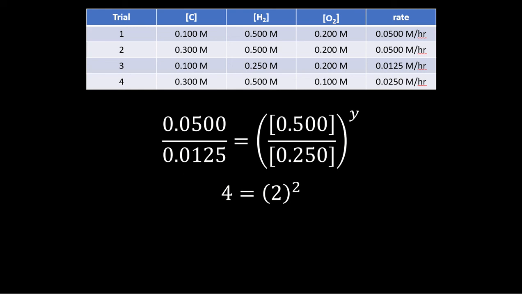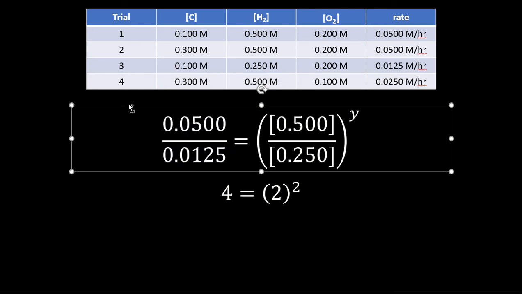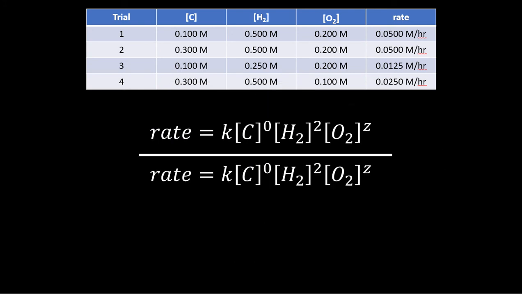So, all right, we have the values of x and we have the values of y. So that's good so far. That means that the last thing that we have to really solve for, as far as the individual reaction rate orders, is going to be the rate order for molecular oxygen.